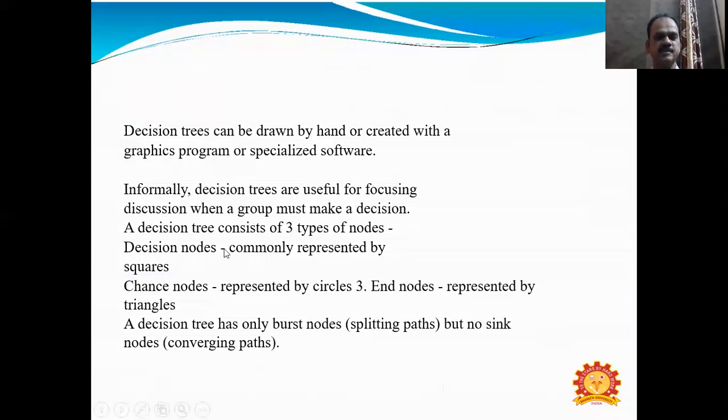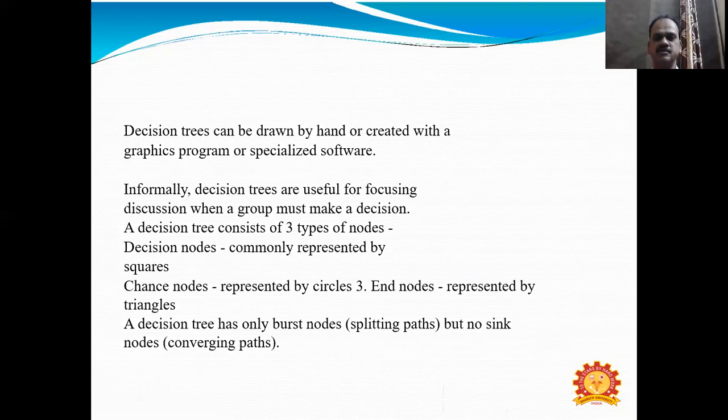Okay, the decision nodes use the square. Whenever using the decision node, that is nothing but branches, we should apply the squares. Whenever using the chance nodes, we should apply the circles.